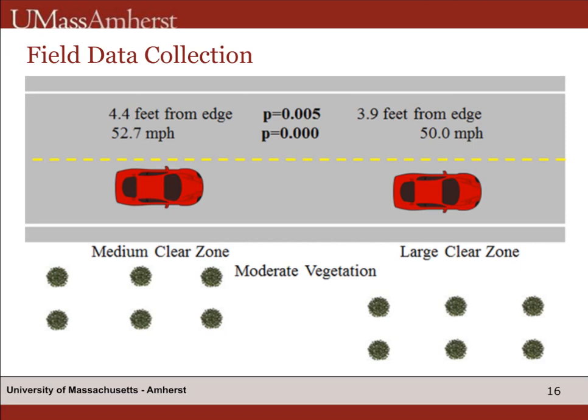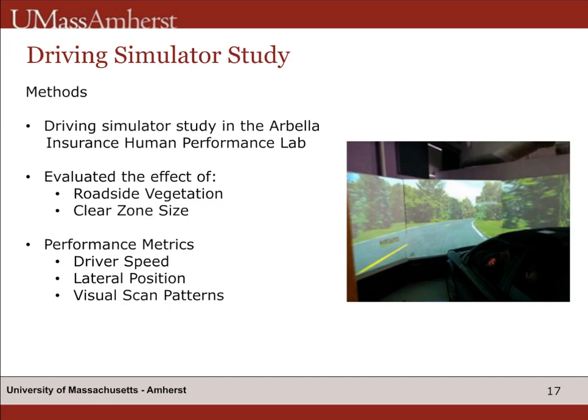But contradictory to our static evaluation results, drivers slowed down in the presence of a large clear zone. So this maybe suggested that other variables were at play on the roadway, and this further reinforced the need for a simulator study to really hone in on the variables and keep everything constant except for the roadside configuration.